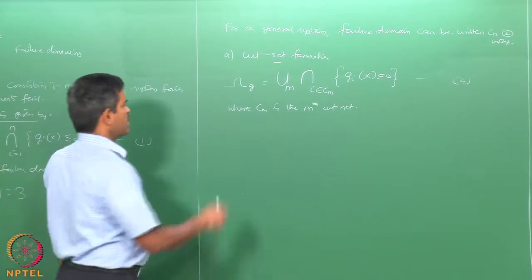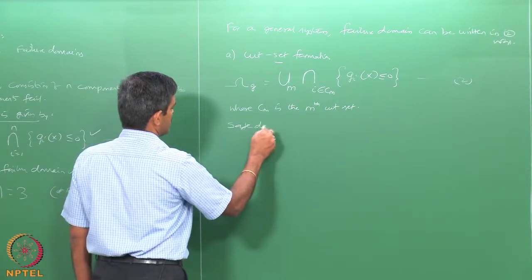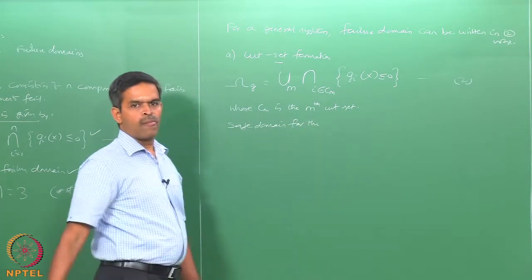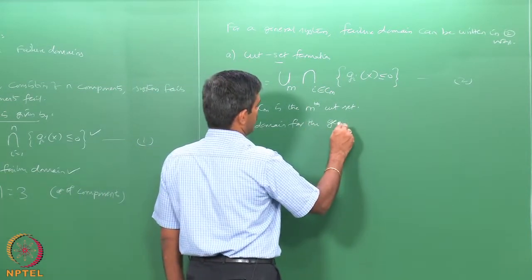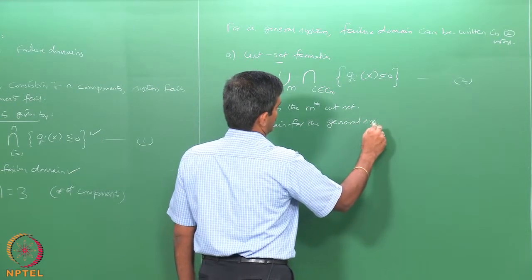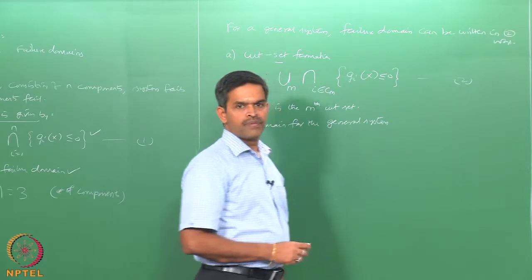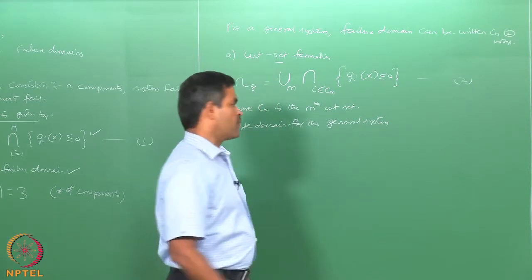Now, the safe domain for the general system with cut set representation is defined by the path set formulation.